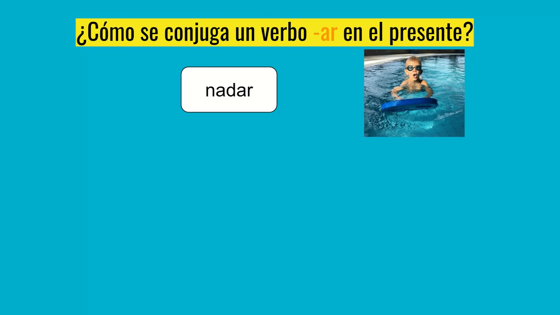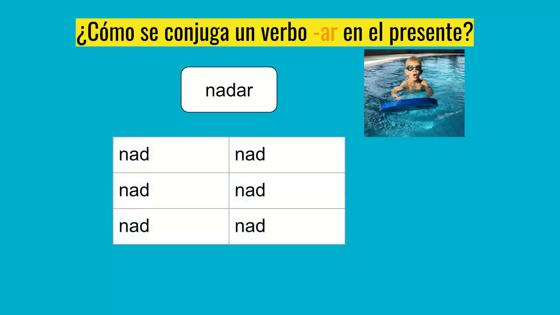So if you had a verb that ended in AR, such as nadar, which means to swim, remember, if you were going to conjugate it in the present tense, what you do is you keep the stem of the verb. So for all forms, you would keep nad, and then you just add the appropriate endings, such as nado, nadas, nada, nadamos, nadáis, and nadan.